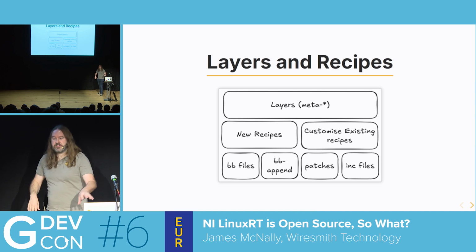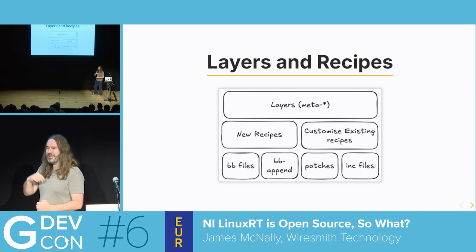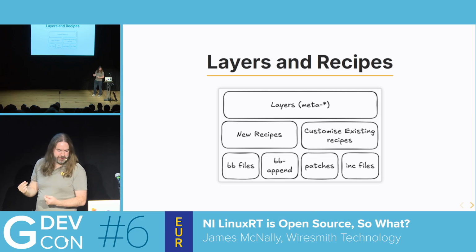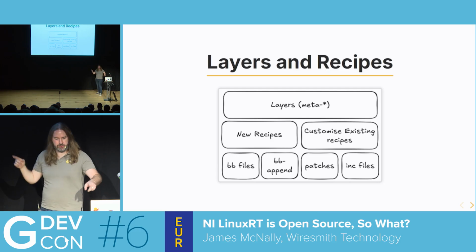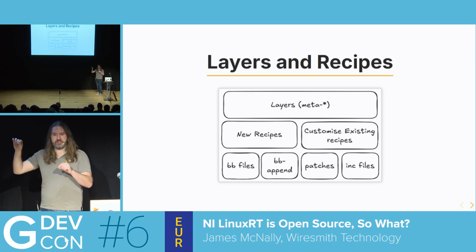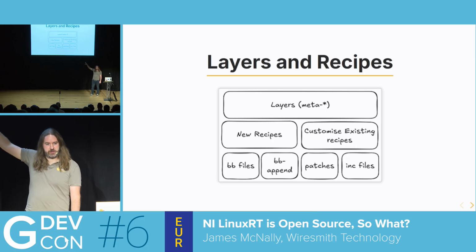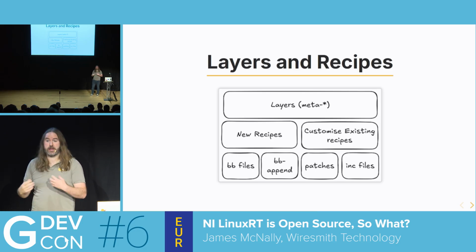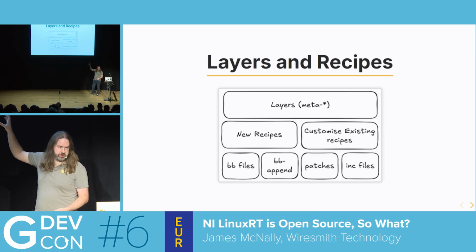I'm not going to go too deep into this, but it just helps color some of the other bits we'll see. The way that BitBake works in the Yocto project is you start with layers. So you'll see this term as we look at some of the code. It starts with meta dash. In those layers, there can either be new recipes, where a new recipe is a new package that we want to build, or they can customize existing recipes from a previous layer.